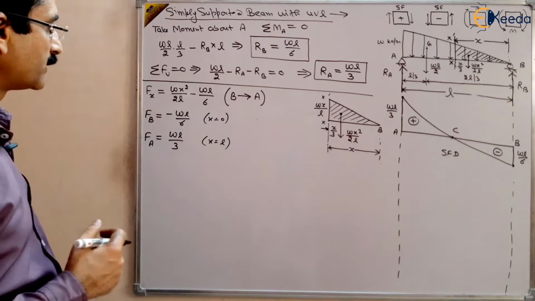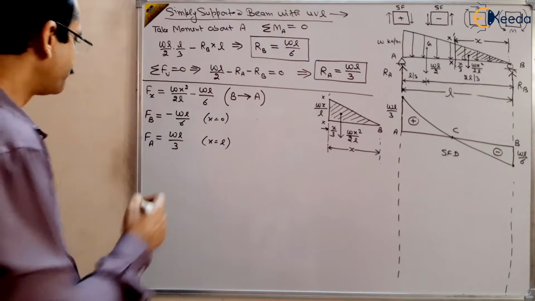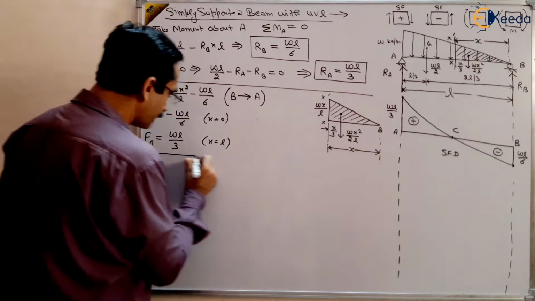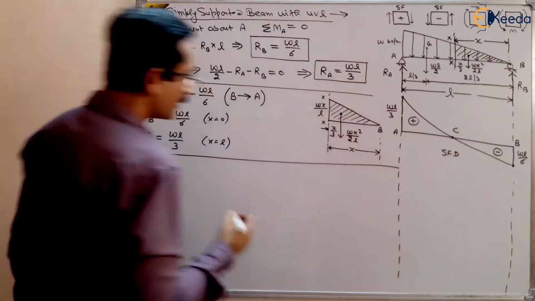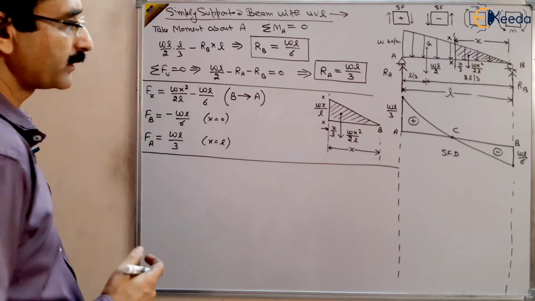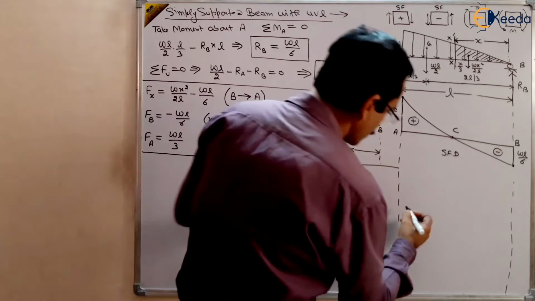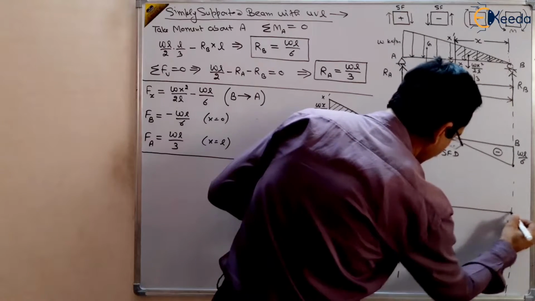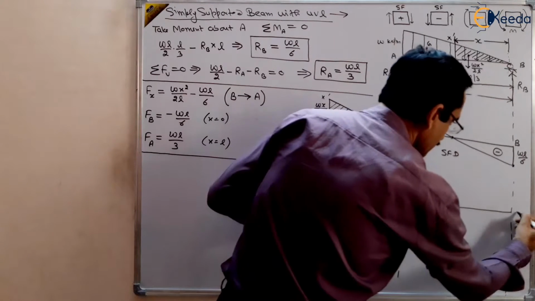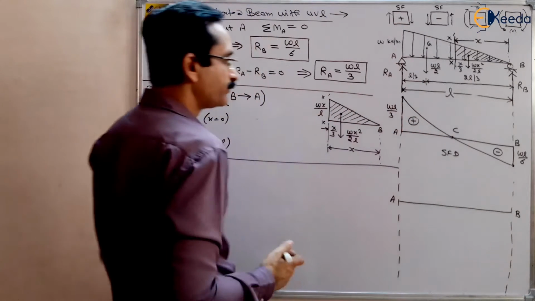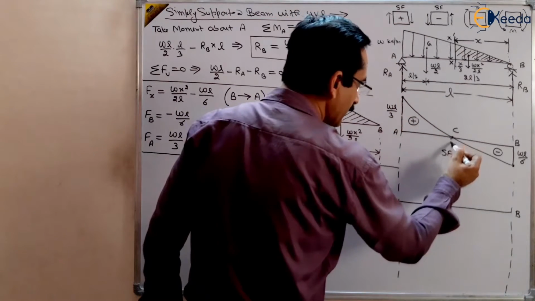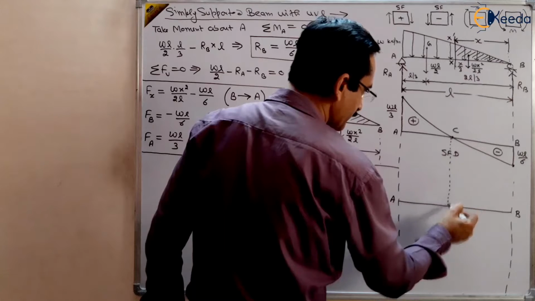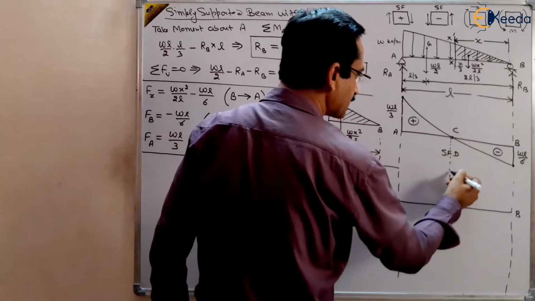Now draw the bending moment diagram. How to draw the bending moment diagram? Similarly, you can take a line AB, which is our beam, and we know that at this point C there will be a maxima of the bending moment.